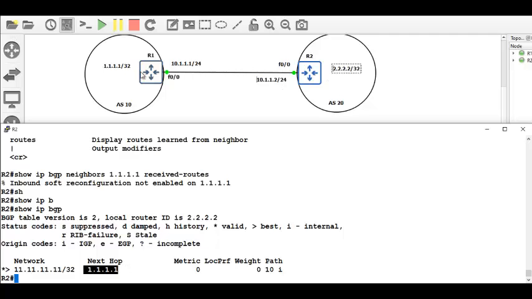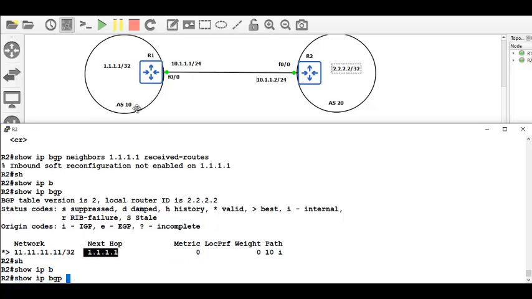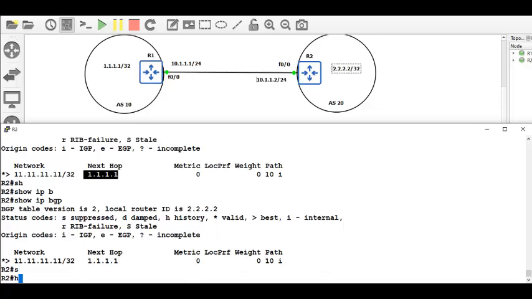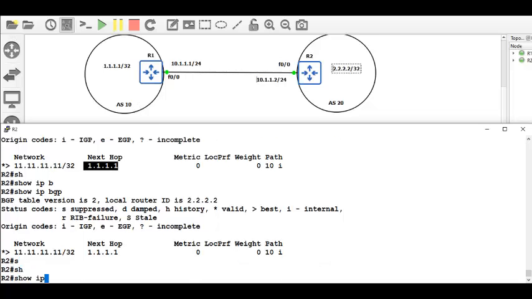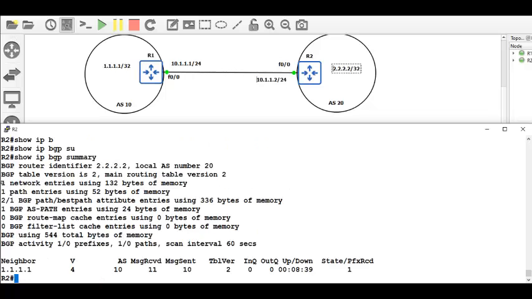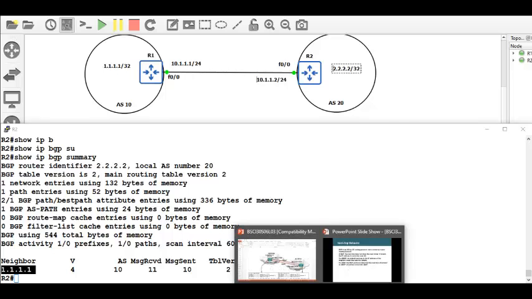How does router 2 know autonomous system 10? It knows as 1.1.1.1. That is what is going to be explained here in the neighbor statement. BGP is an AS by AS routing protocol.